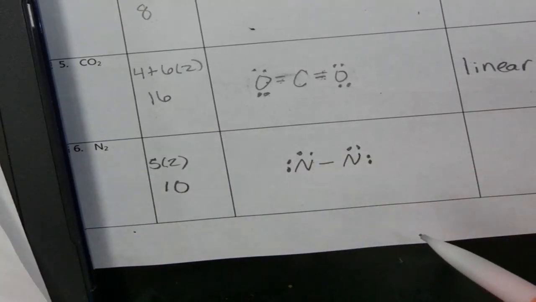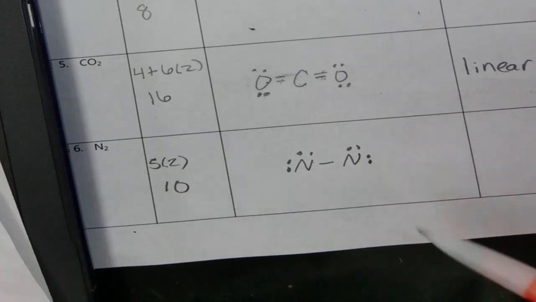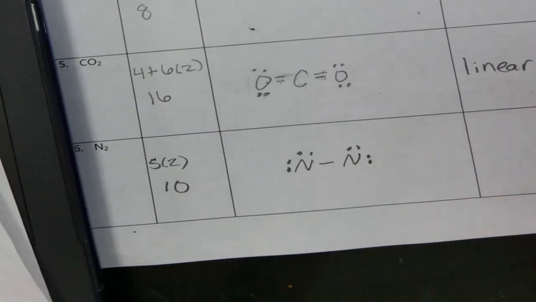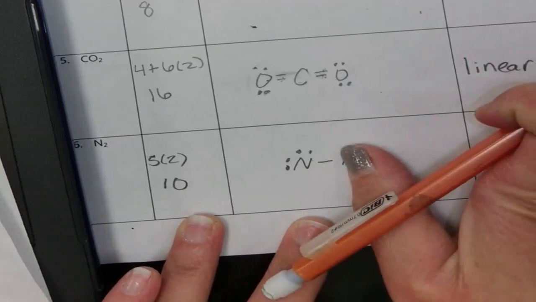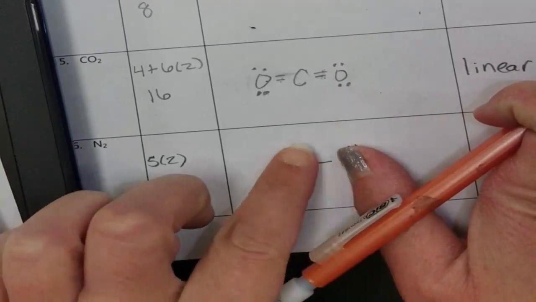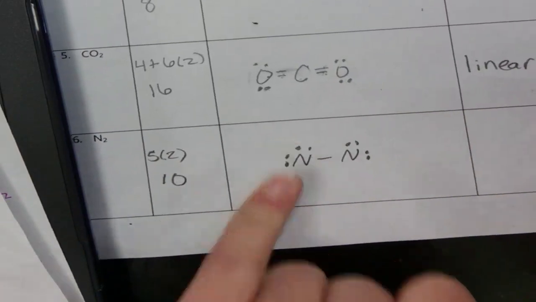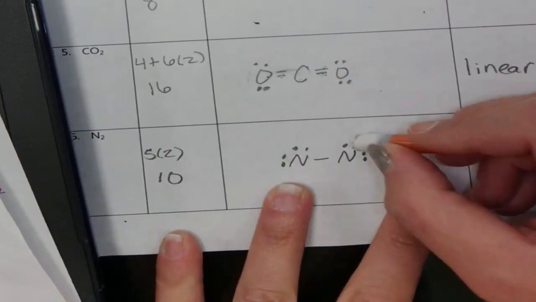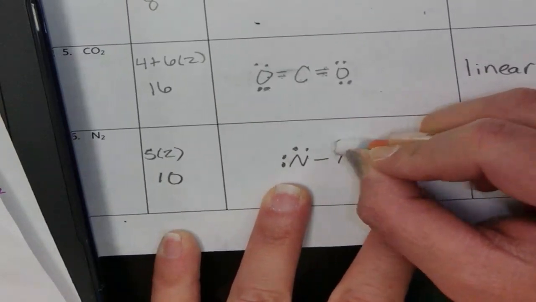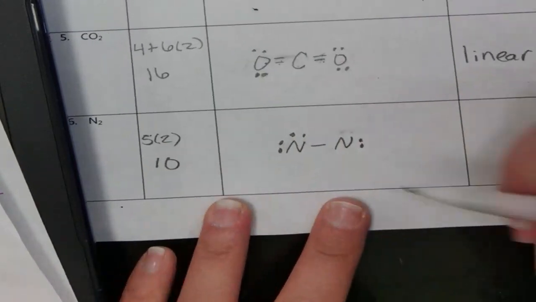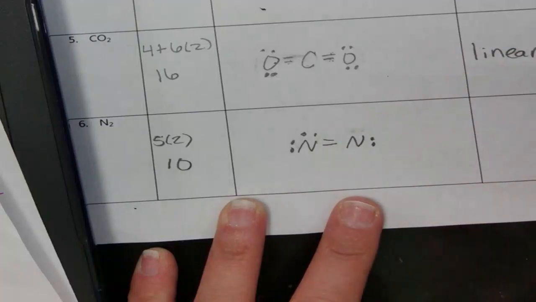Now, it doesn't really matter where you put your lone pairs, all right? Let's look. This nitrogen has 2, 4, 6. And this nitrogen has 2, 4, 6. They both need 8. So what am I going to do? I am going to erase a lone pair. And again, it doesn't really matter which one you erase.